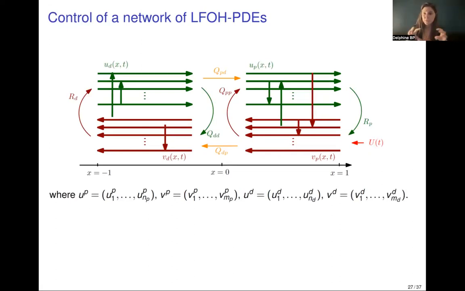So you do have parts of the networks where the channels are interacting with each other, leading to this system of conservation laws. And then you have points of the networks where they interact, but it's really just at the boundary. So this will lead here to the control at one boundary, here at x equal 1, of the two subsystems. And you aim at controlling all of these only acting at the boundary.